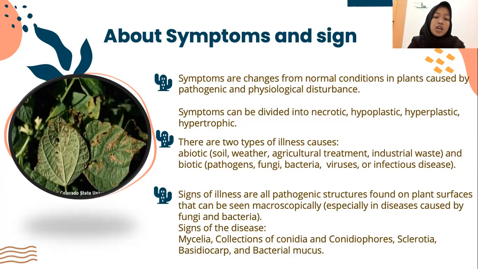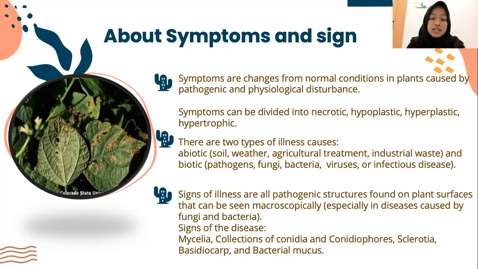There are two types of causes of illness: biotic and abiotic. Abiotic causes include soil, water, agricultural treatment, and industrial waste. Biotic causes include pathogens, fungi, bacteria, virus, or infectious disease.